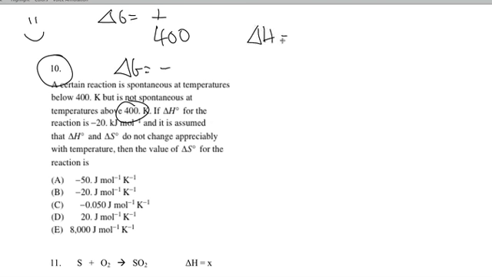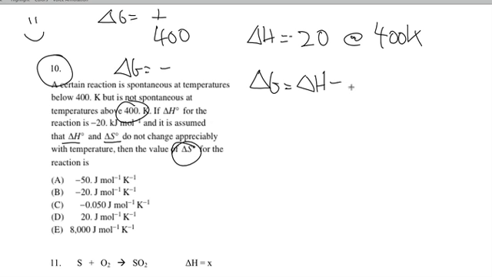It does tell us delta H equals negative 20 at 400 K. And it is assumed that delta H and delta S do not change that much with temperature. What's the value for delta S? Well, the only equation we have that relates all of these things is delta G equals delta H minus T delta S. Gotta hate this stuff.